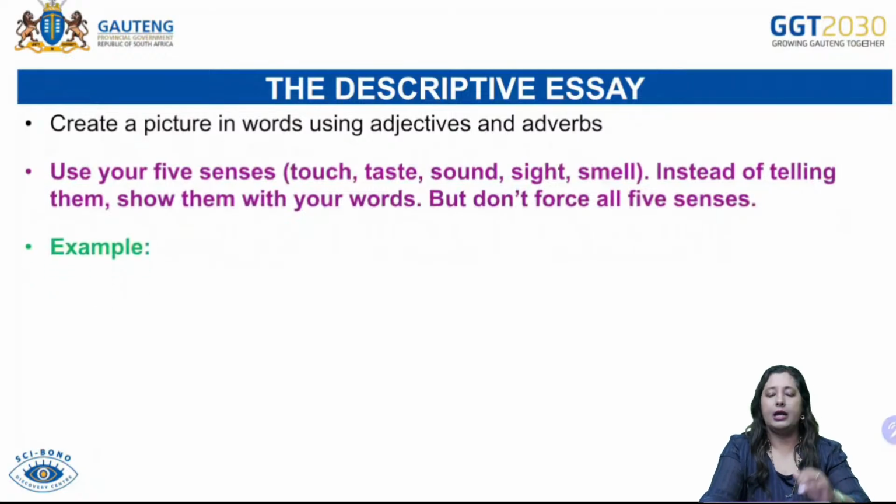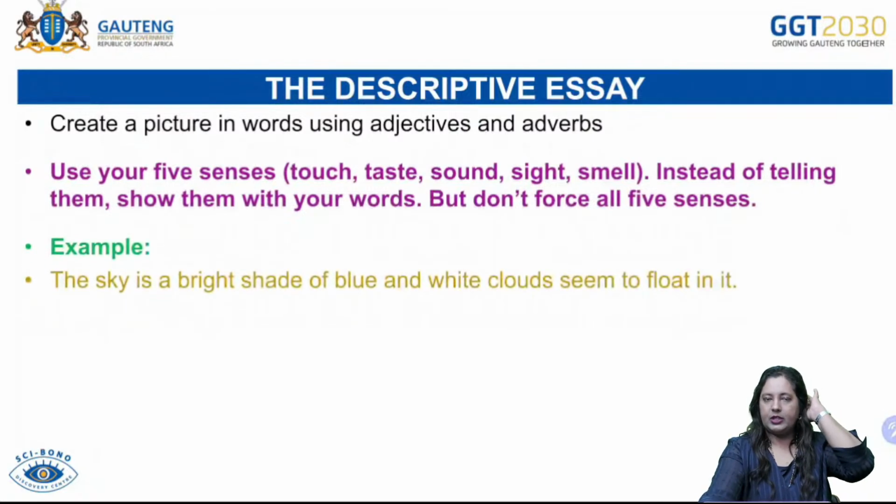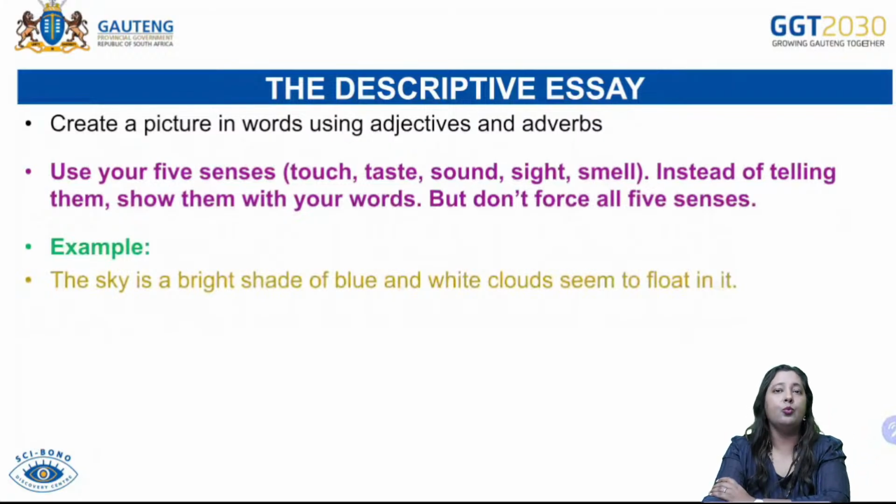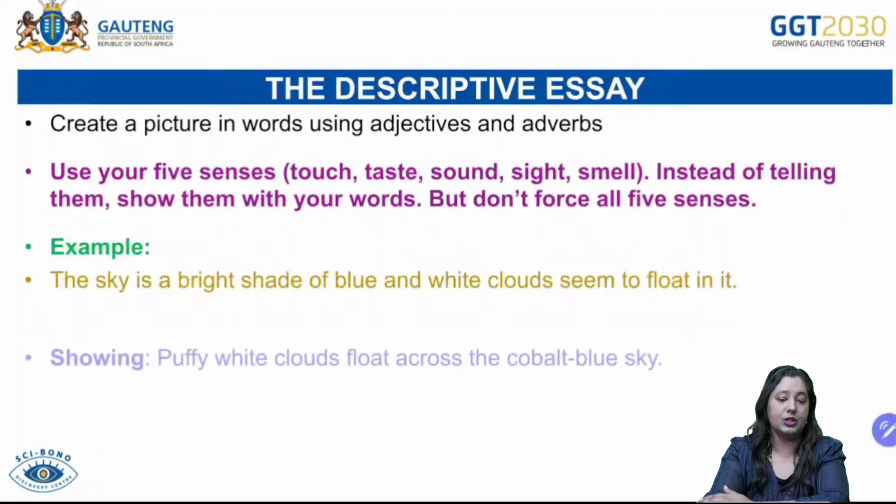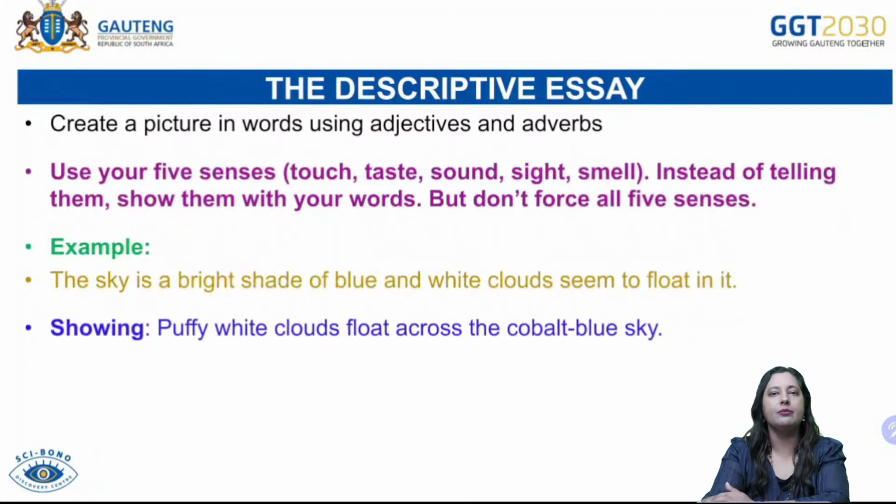Thereafter, look at an example here. We've got: the sky is a bright shade of blue and white clouds seem to float in it. I mean, that's basically quite a simple description. But if you talked about something like: puffy white clouds float across the cobalt blue sky.